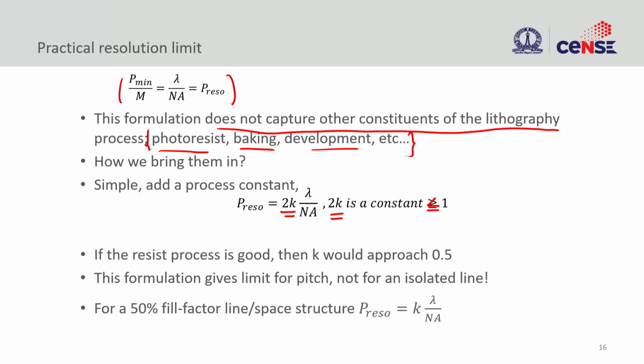If I get a very good photoresist process, I control the baking, I control development, I should be able to get features that are lower than the diffraction limit that my optics dictates. So if you use a very good resist process, you can get to 0.5 or so. That means you can reduce your dimension and have better resolution.